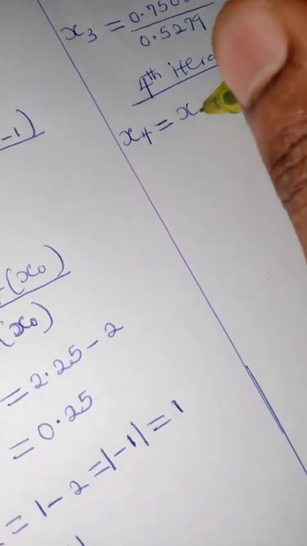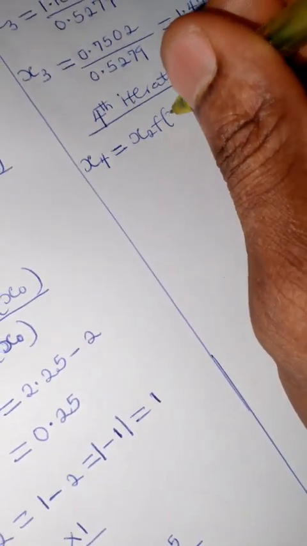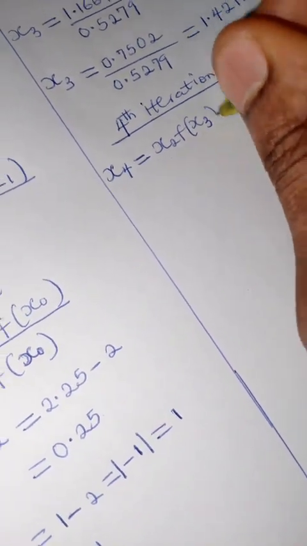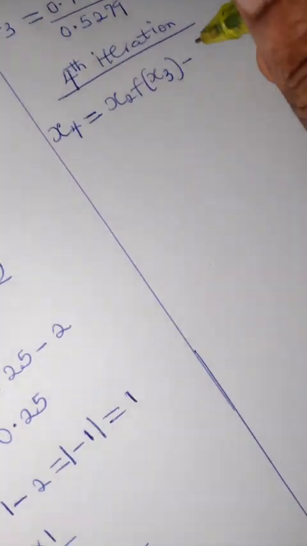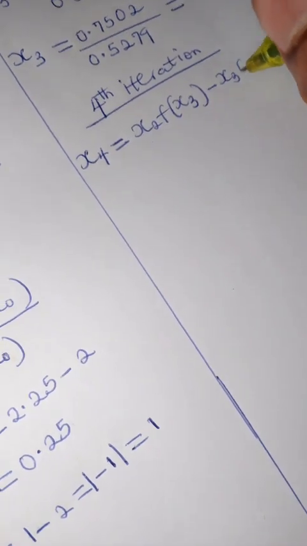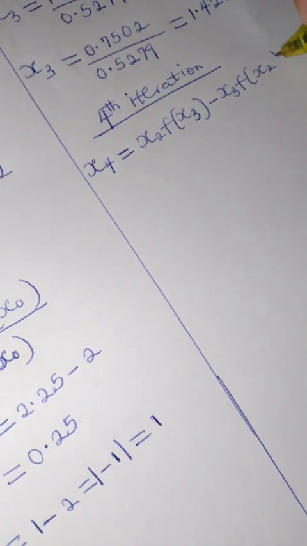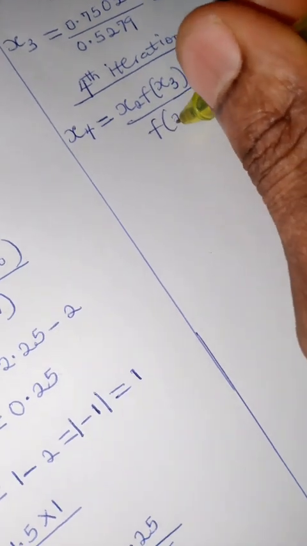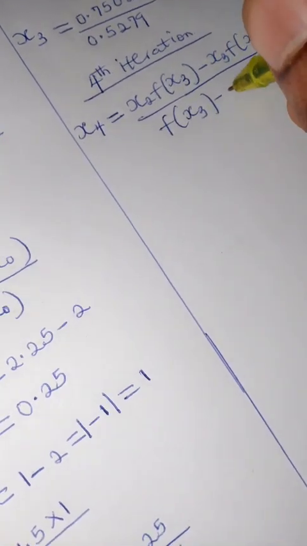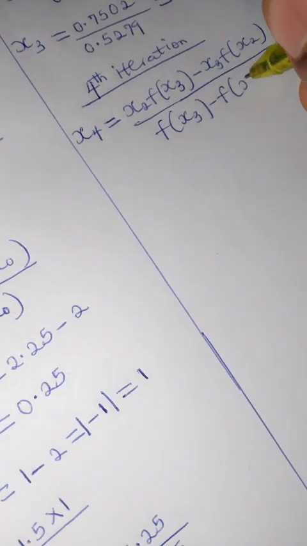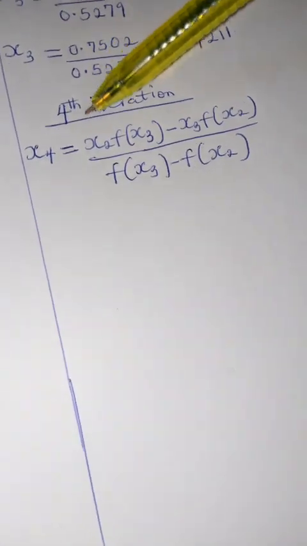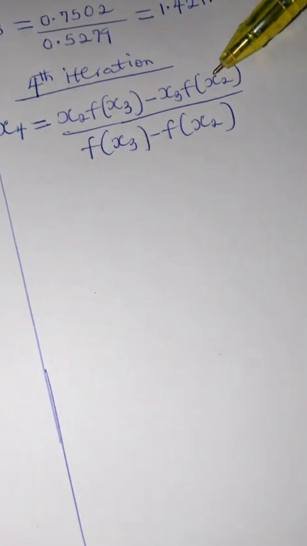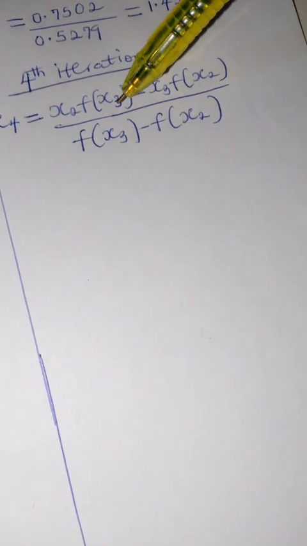Is x2 f of x3 minus x3 f of x2 over f of x3 minus f of x2.